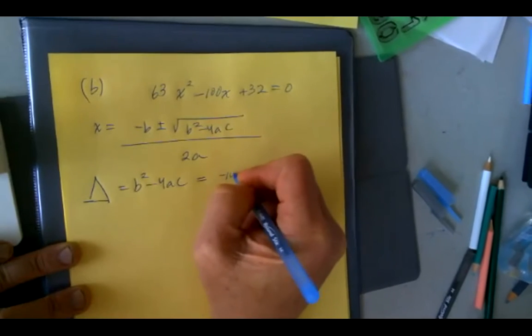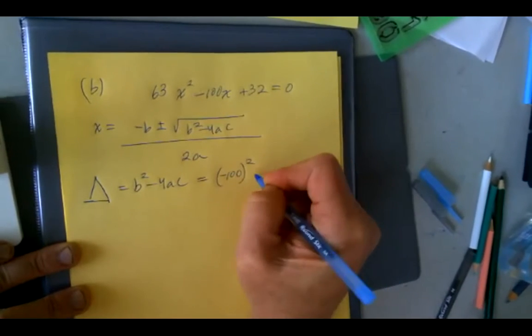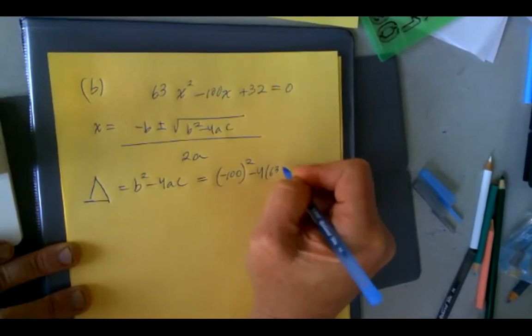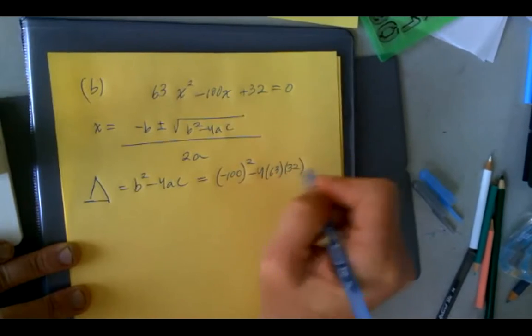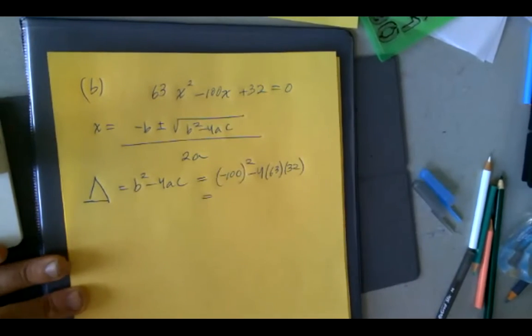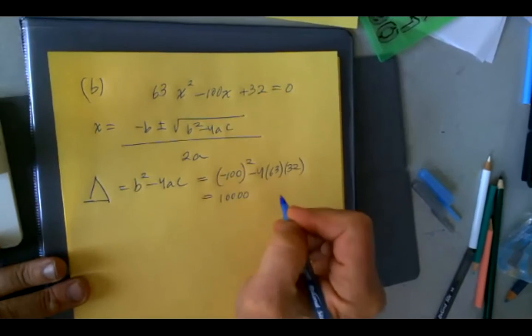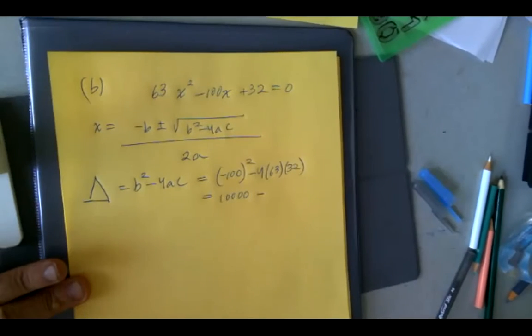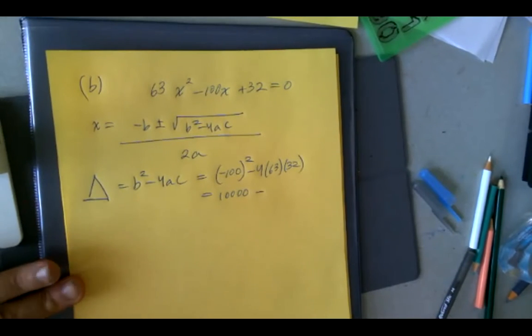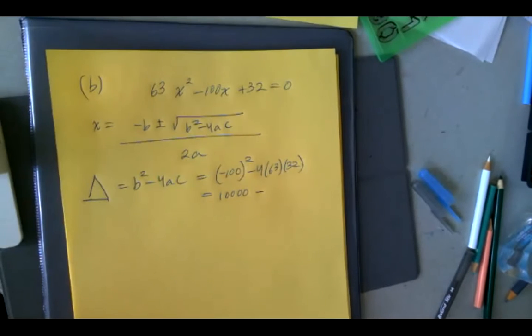So negative 100 squared minus 4... okay, so this is 10000 minus... where's my phone at? Oh man, this is like Jerry Lewis Day.